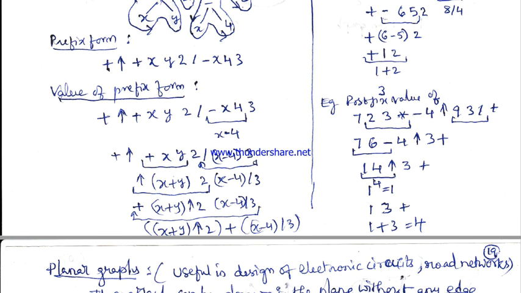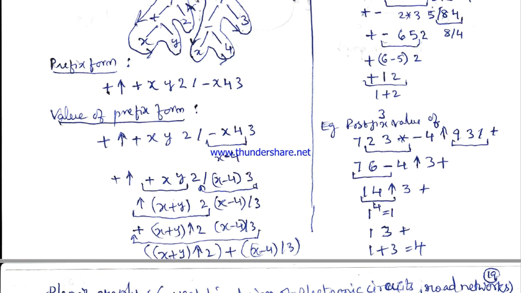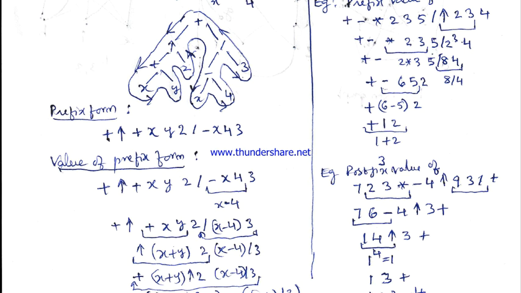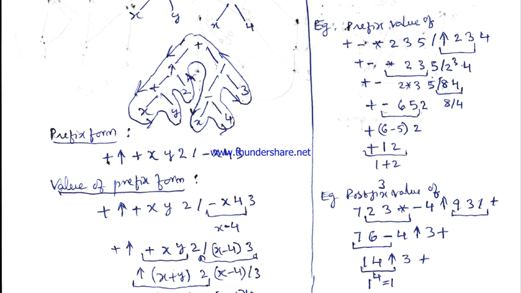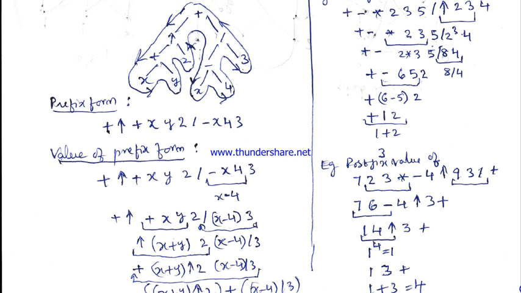Similarly, we have another example to find the value of the postfix expression. Here is the example to get the postfix value. To get the postfix value, we work out from left to right. We have 7, 2, 3, star. Before the star we have 2, 3. 2, 3 star means to multiply 2 and 3 and keep 6 after 7.